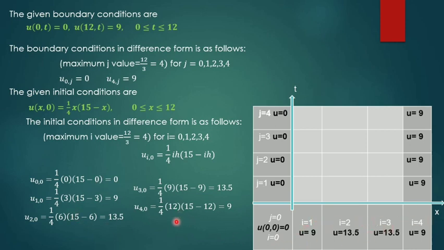What you have found as the initial conditions are being marked here: 0, 9, u of 2 comma 0 is 13.5, u of 3 comma 0 is 13.5, u of 4 comma 0 is 9, and the boundary conditions are marked along here, that have been noted for j value 0 to 4. So now our aim is to find the value of u at these interior mesh points.